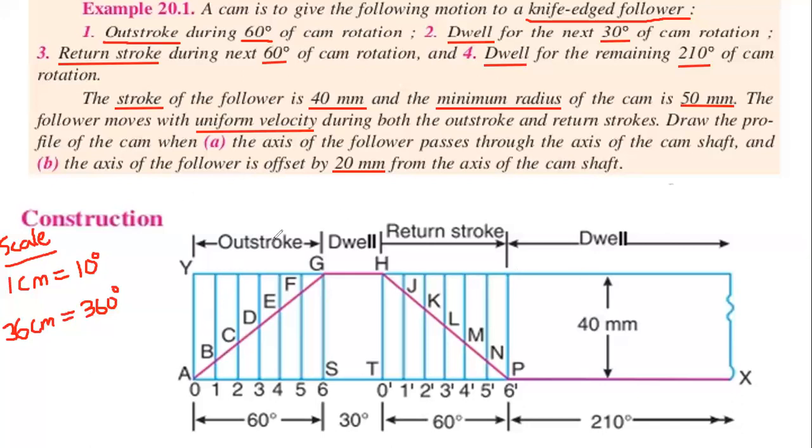So first, for this first section, that is the outstroke section, the outstroke section has been divided into 6 equal parts. So the length of the outstroke is 6 centimeters, that is 60 degrees. So that is why we are taking it as 6 centimeters, because 1 centimeter is equal to 10 degrees.